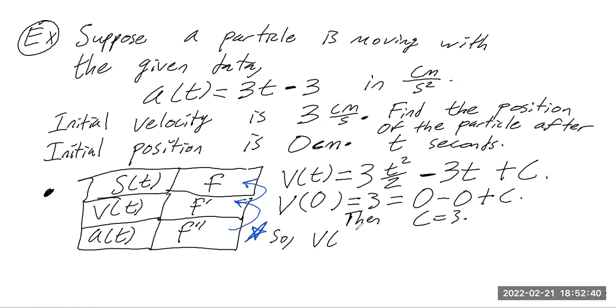That lets us specify a specific v. So v of t is 3/2 t squared minus 3t plus 3. All right, great. So now that we have this information here, we can go on to the next thing.